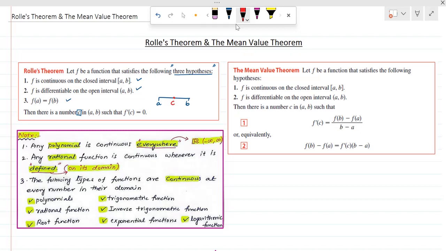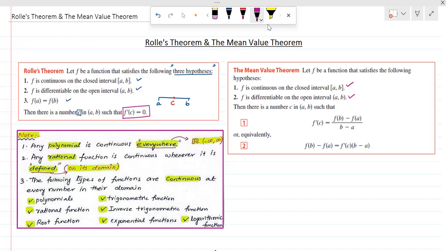Now similarly, the mean value theorem follows the same rule. The conditions are going to be the same. What is the only change? f is continuous on the closed interval, f is differentiable on the open interval. Now there exists a number c, but instead of 0, how will you find the c?